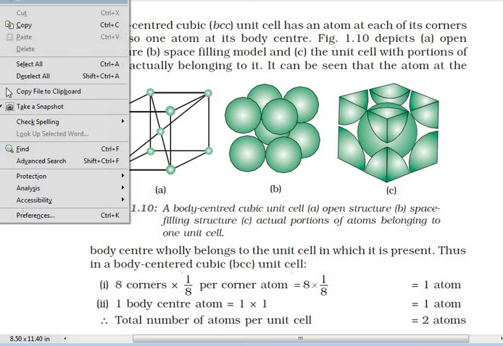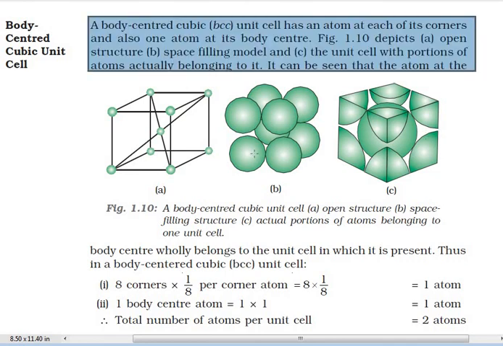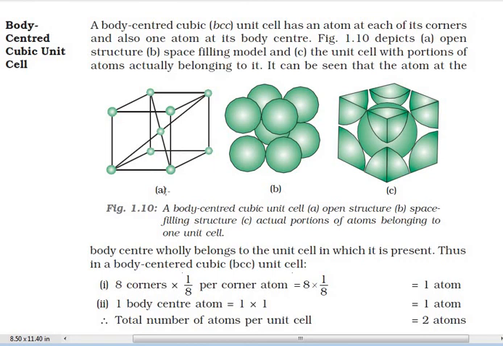So if you carefully see figure 1.10, which is showing a body-centered cubic cell, you can see the lower 4 corners and the upper 4 corners are occupied, together with the one atom which is in the center.